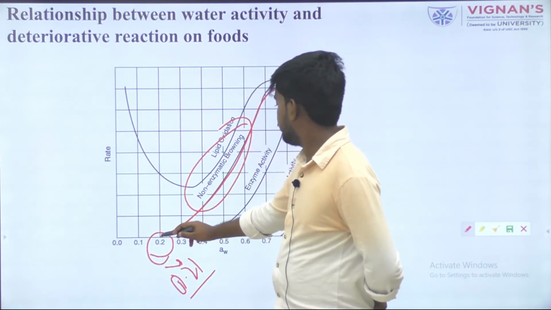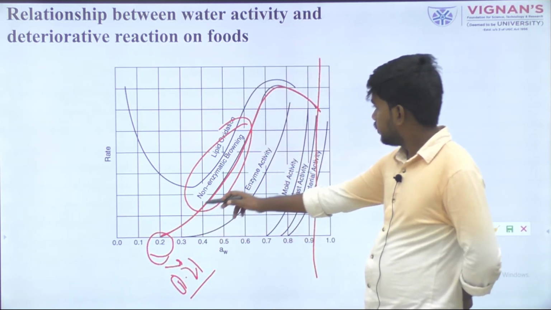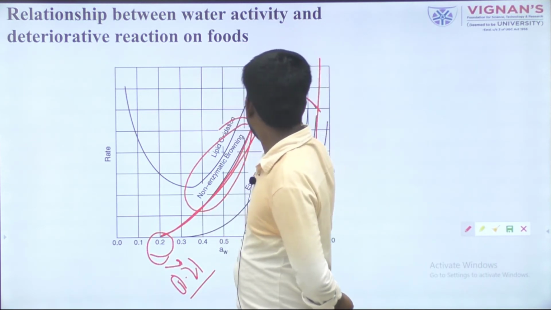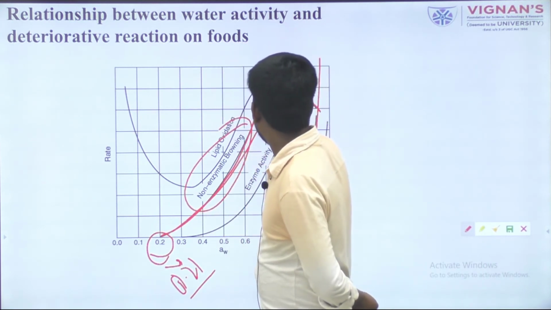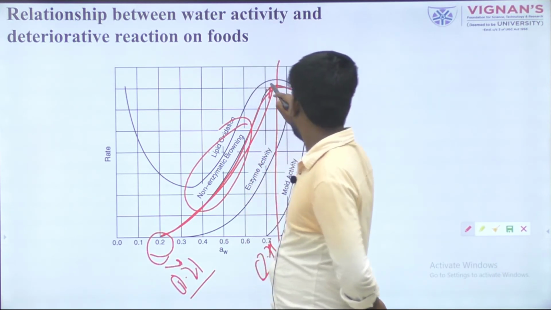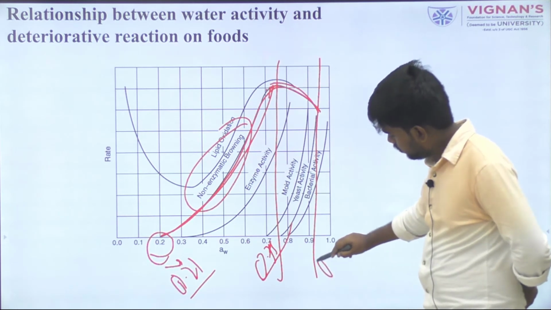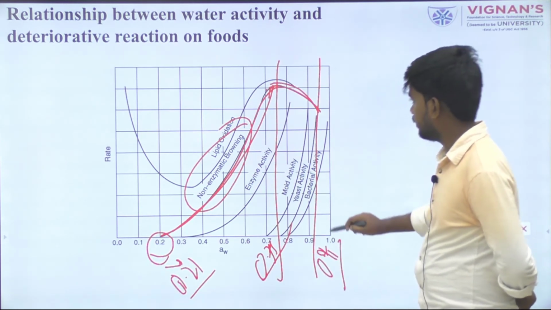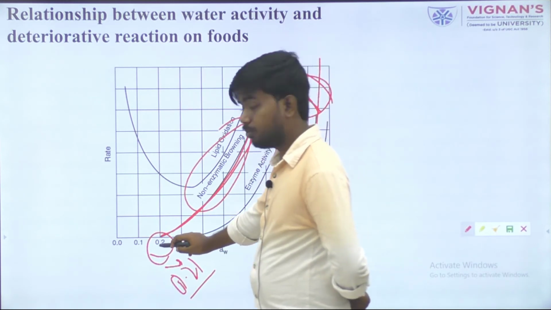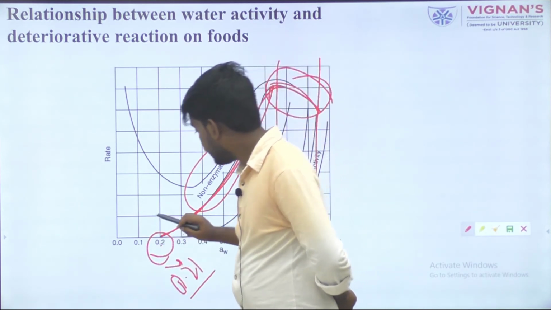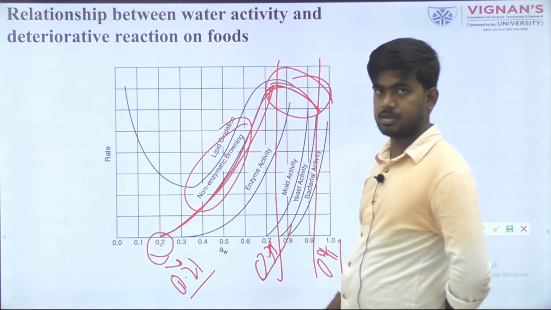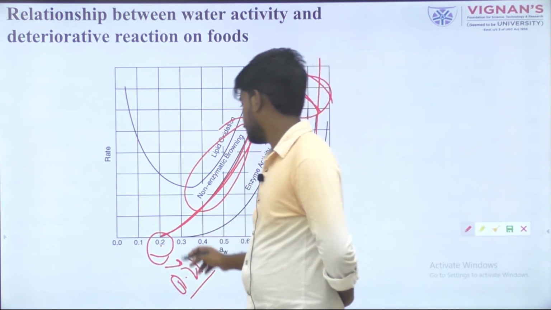For that, the rate will increase in this way, an exponential increment, and after 0.75 it is reduced again up to 0.95 water activity. From 0.2 or 0.25 to 0.7, this non-enzymatic browning process takes place for deterioration.